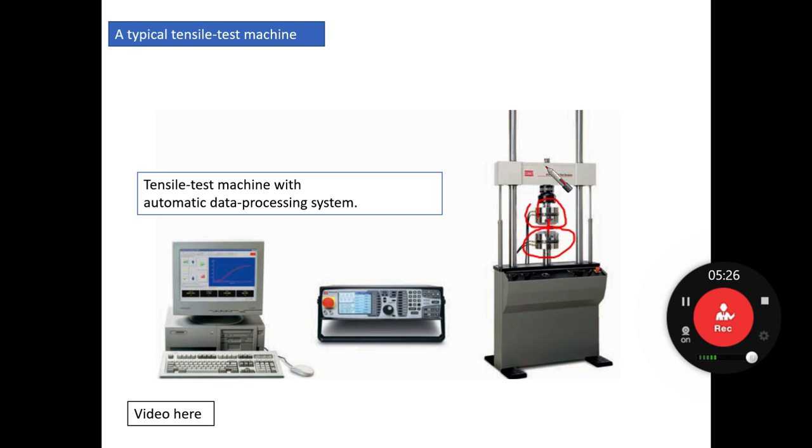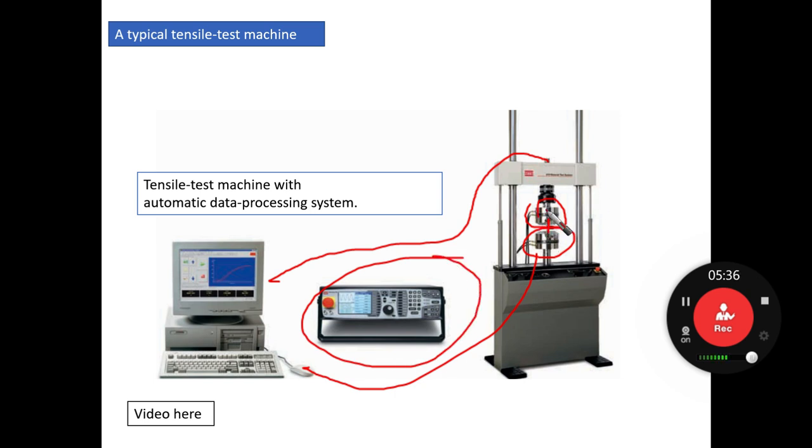This universal testing machine is connected directly to a controlling or data acquisition system where the strain gauges and the deformation in length and cross-section can be monitored and acquired, and the data processing system is going to work and give us the stress strain diagram at the end. You can find many videos on YouTube regarding this typical tensile test machine.